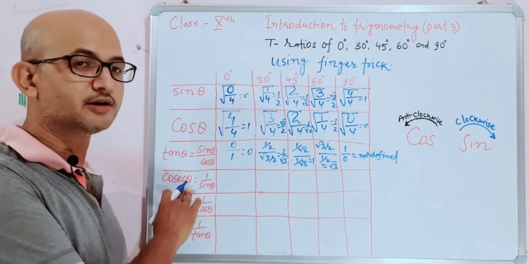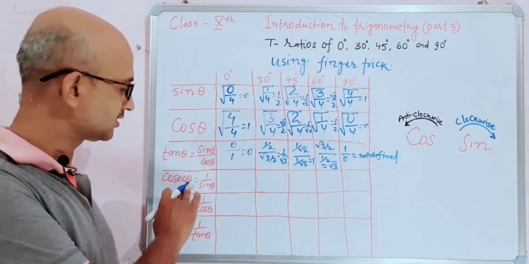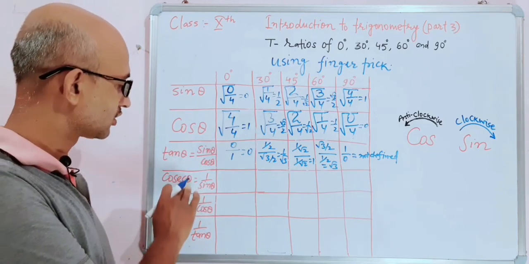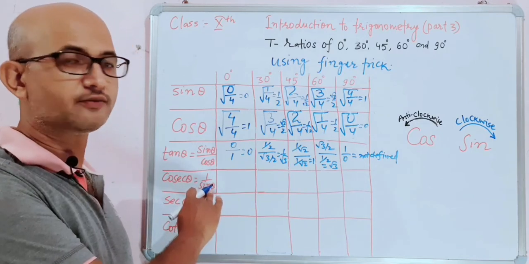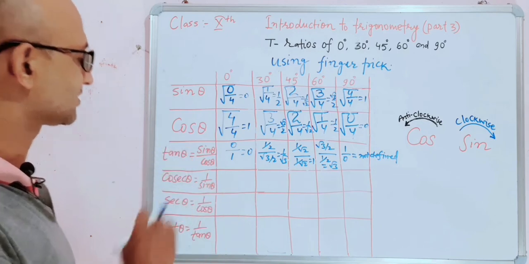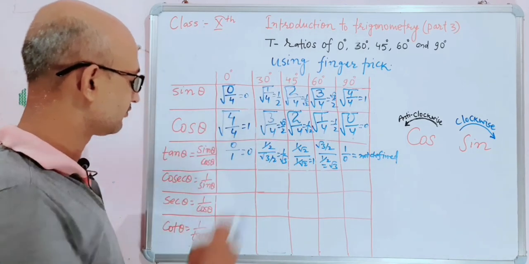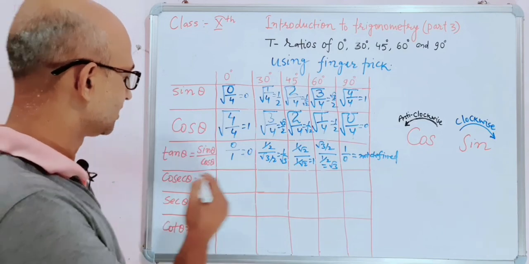Now, we find value of cosec. Since we know that cosec is reciprocal of sine and already we have got the value of sine, therefore find their reciprocals. We will get value of cosec.